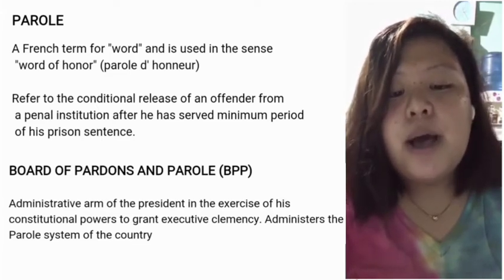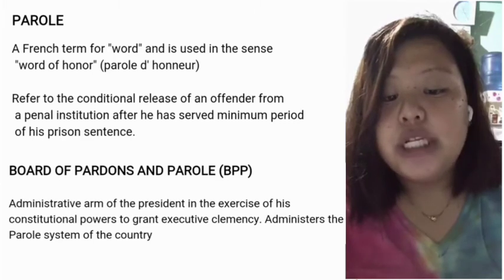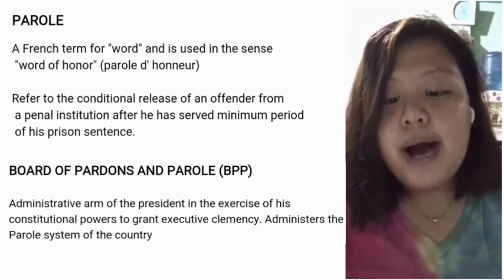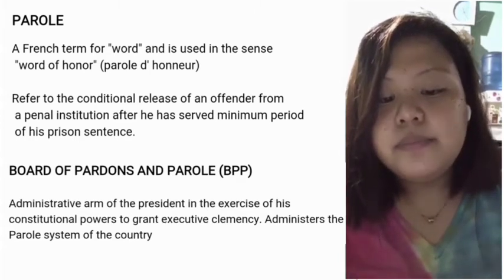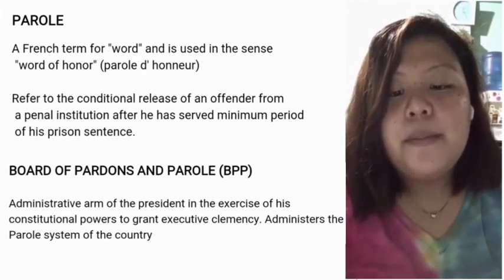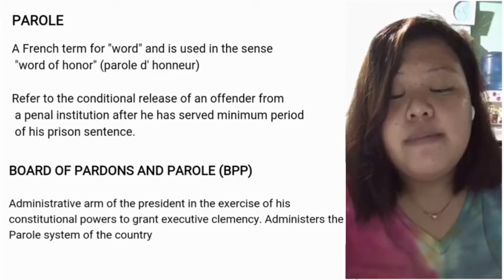The BPP or the Board of Pardons and Parole is the one who administers the parole system. Sa atong country, ang board ang bahala to look on the physical, mental, and moral condition sa atong prisoners who are eligible for parole or any form of executive clemency.